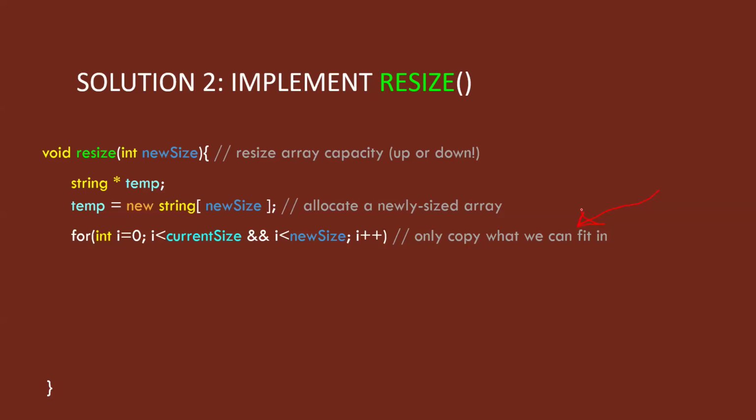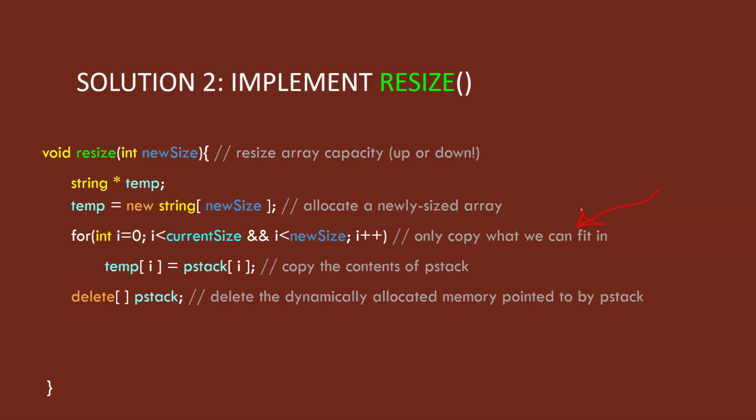I'm going to copy as much stuff as I can from pstack into the temp. Okay. And then I will delete the pstack and I will update the pstack to be pointing to, I'm going to steal this pointer and store it in my pstack pointer for the class, my private data member.